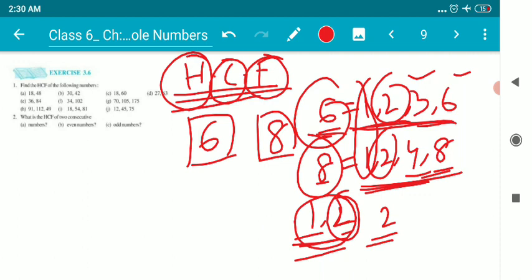So HCF means the highest number that divides a group of numbers or two numbers, whatever. So here 2 is the largest number that divides 6 and 8. So children, I believe it's a bit clear to everyone.